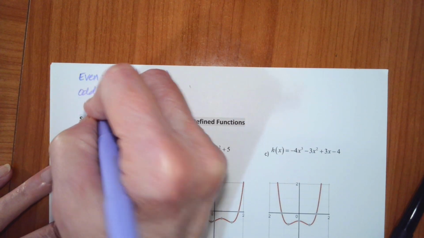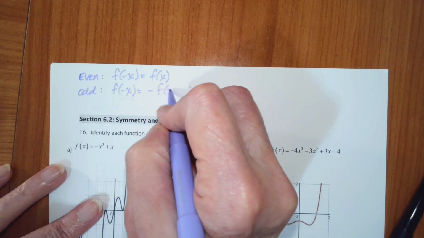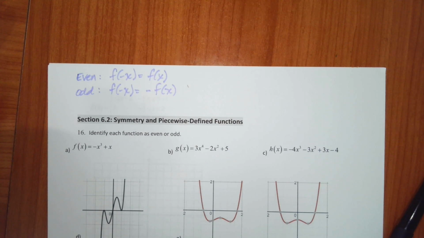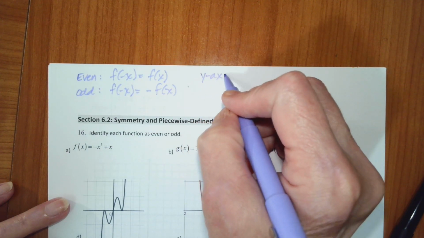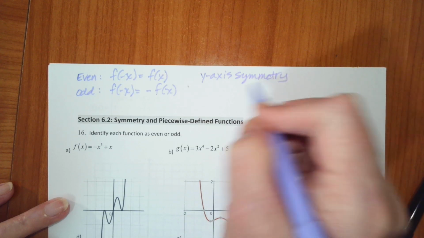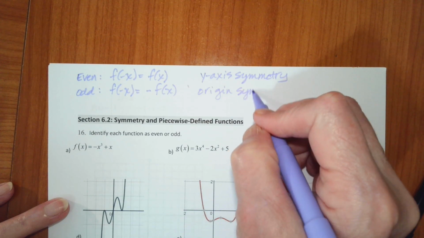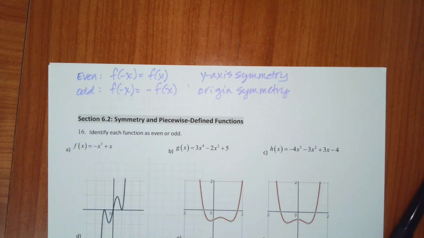For odd, f of negative x equals the opposite of f of x. Most functions are neither. Even graphically is y-axis symmetry. Odd is origin symmetry. So if you're doing it visually, then it's pretty straightforward.